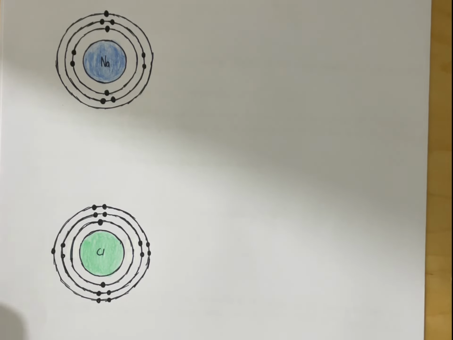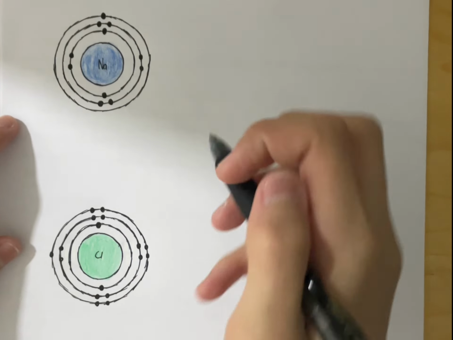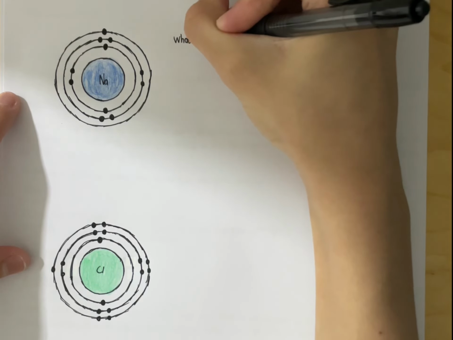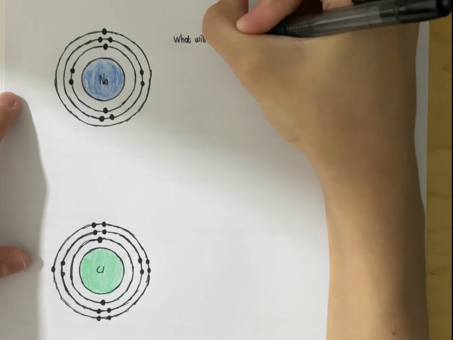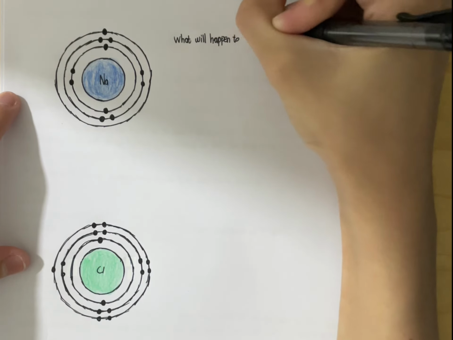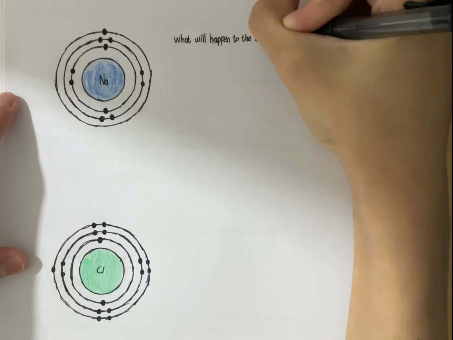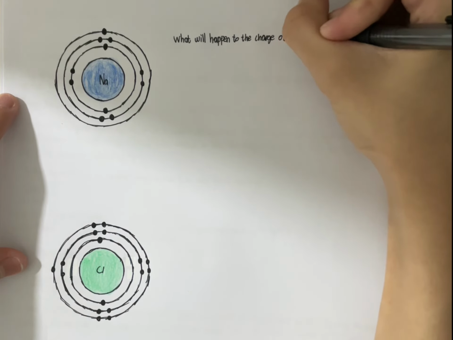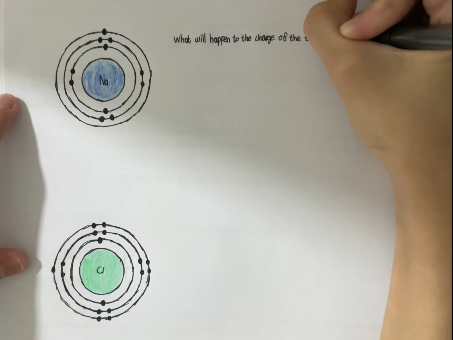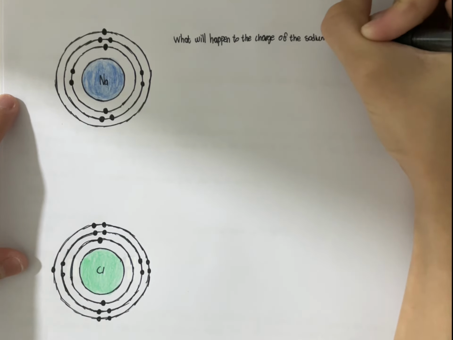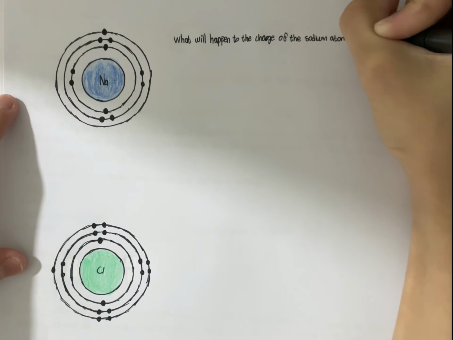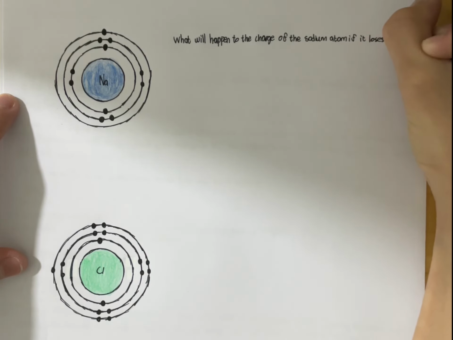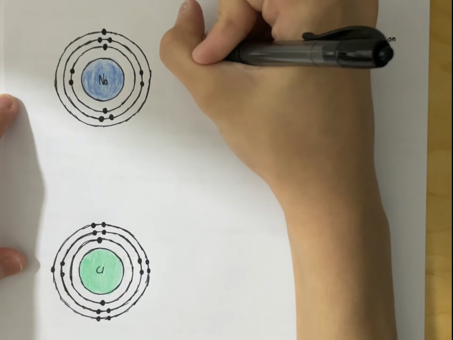Alright, so my first question was: what will happen to the charge of the sodium atom if it loses an electron?